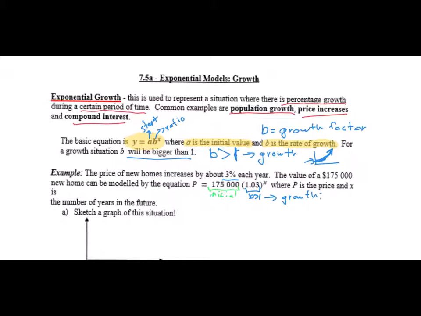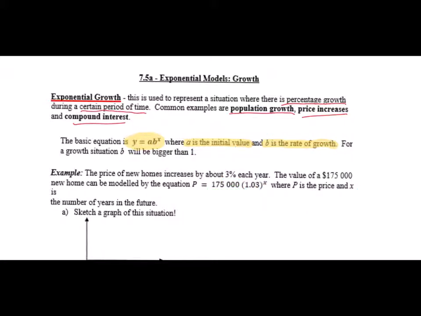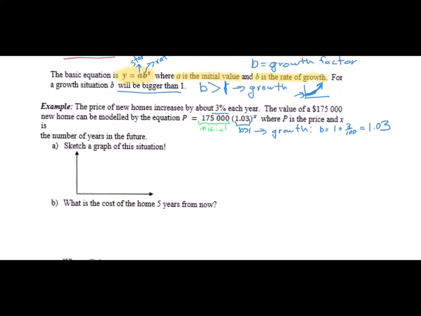To find how we got that, think of it this way: b is equal to 1 plus 3 divided by 100. Our original percentage was a growth of 3% per year, which gives us, when we punch it in our calculator, 1.03. Isn't that interesting?